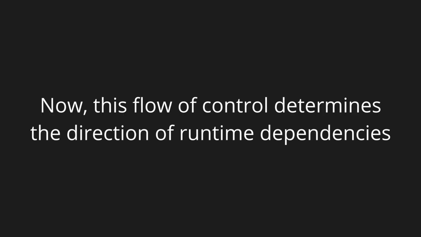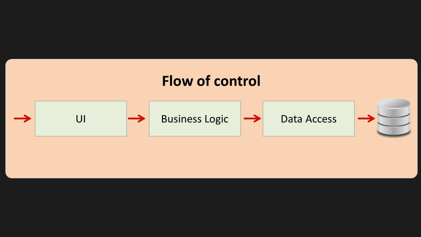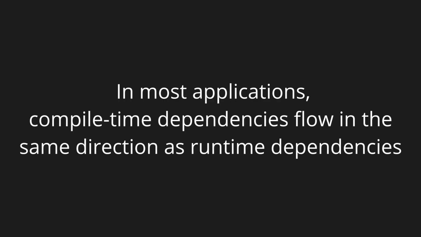Now, this flow of control determines the direction of runtime dependencies. In our example, during execution, the book service class in the business logic layer instantiates a book repository class in the data access layer. This means that at runtime, the book service class depends on book repository. Now, as I already mentioned, compile time dependencies tend to flow in the same direction as runtime dependencies.